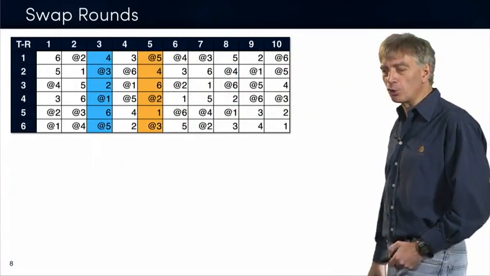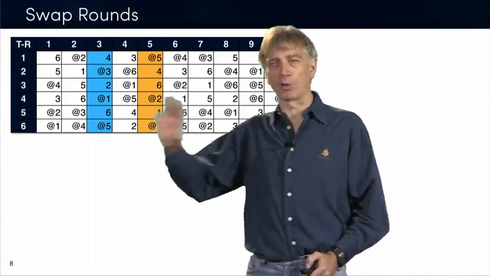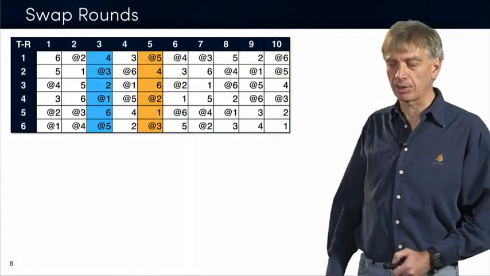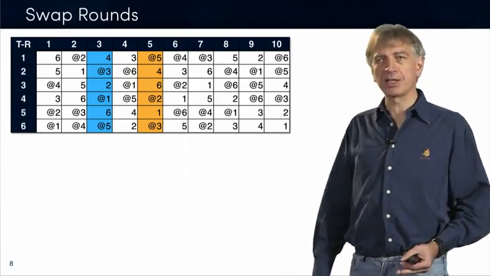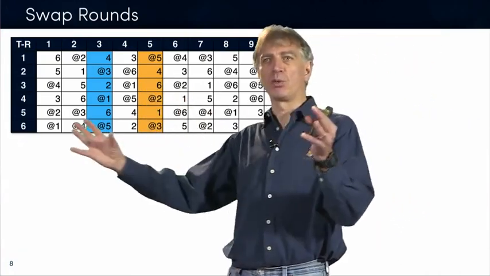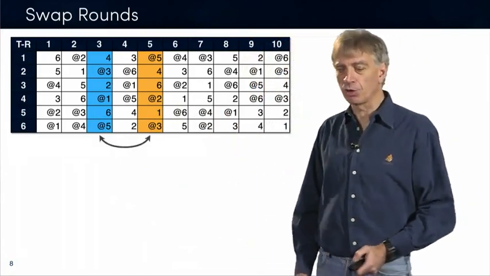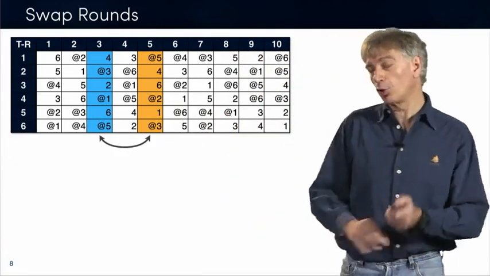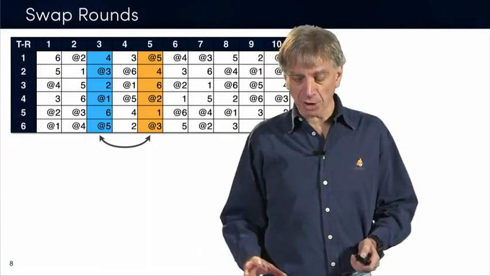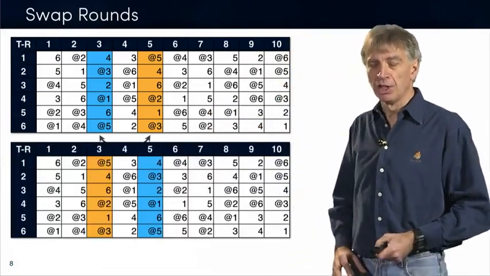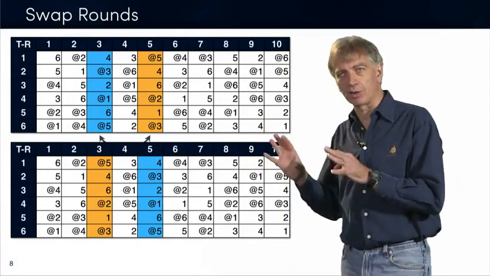Okay? So we're going to do a much more radical move, which is swap rounds. You look at a particular week and you look at another week. In this particular case, it doesn't really matter when. You could take these two things and swap them entirely. Okay? So you may violate some of the constraints, or you may change the objective function, but you can swap them and still have a round-robin schedule. So you still preserve the round-robin schedule, and that's good.